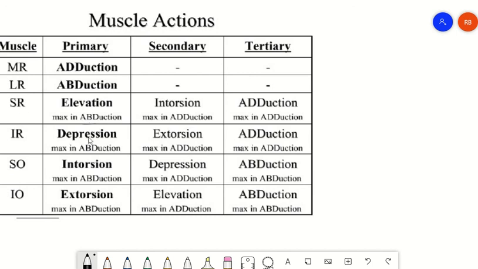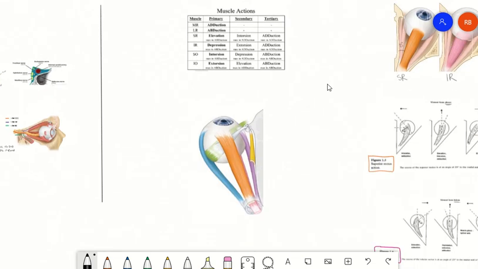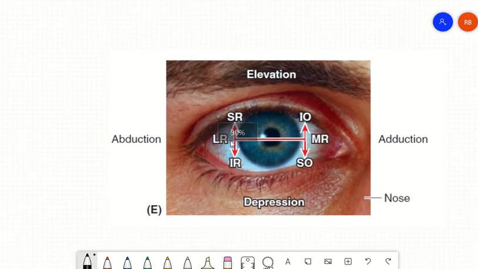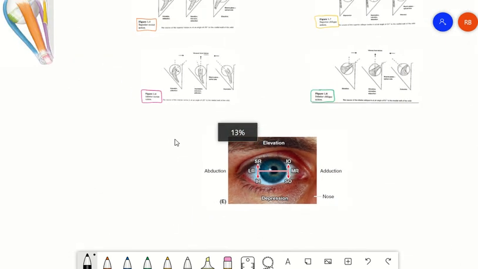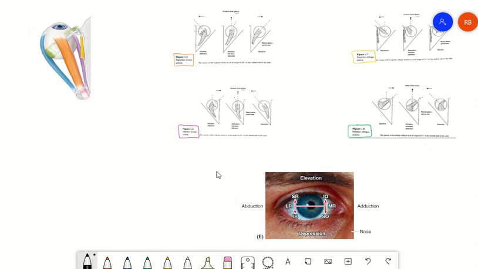And when the eye is abducted, the inferior rectus primarily depresses. And that's why when we test in that H towards the lateral side and up and down, we're testing the superior rectus and the inferior rectus respectively. So I hope that gives a good overview of the extraocular muscle actions as well as cranial 3 palsy and the extraocular nerves.